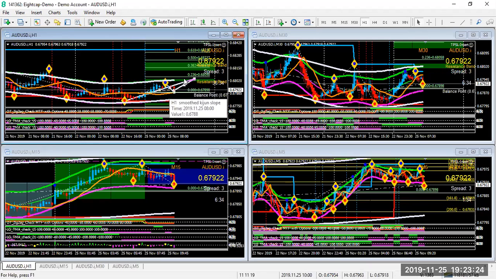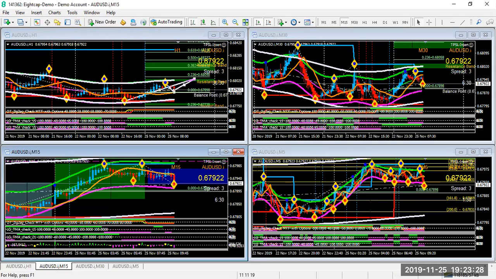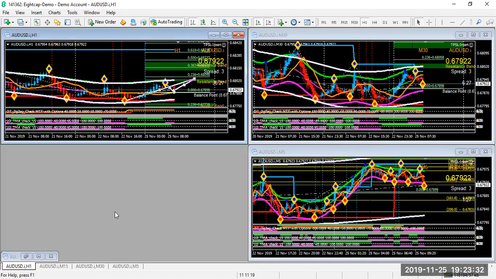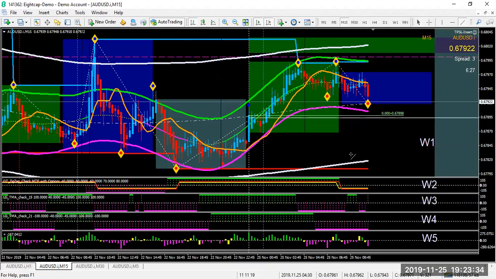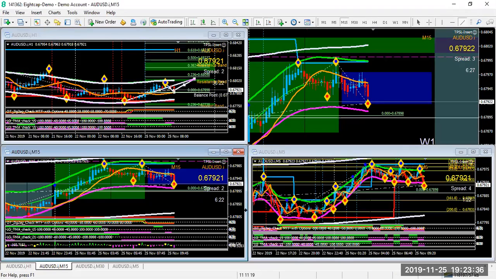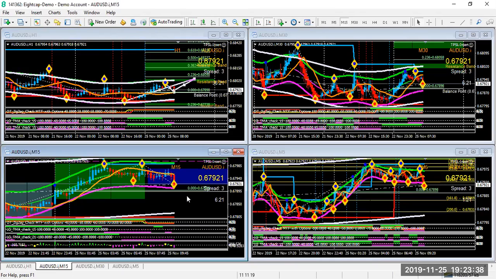So we can see the lines I've manually drawn in, the trend lines here. What I was just going to do is this little thing here.